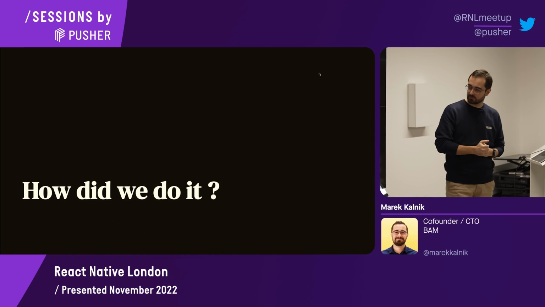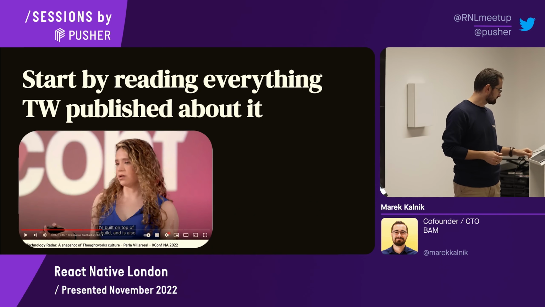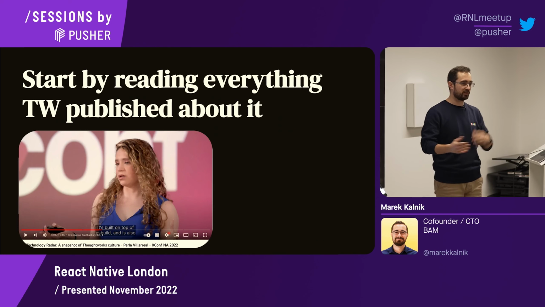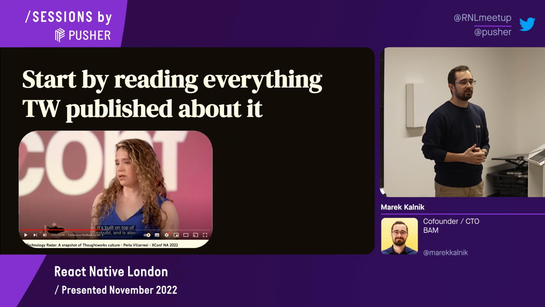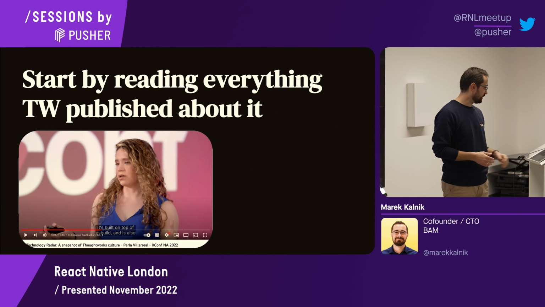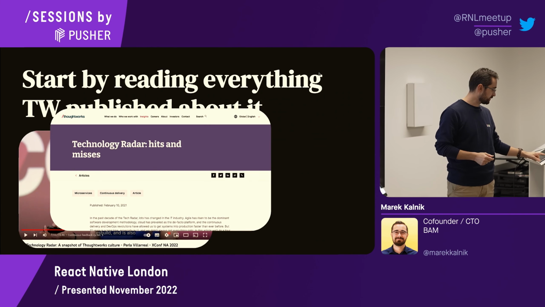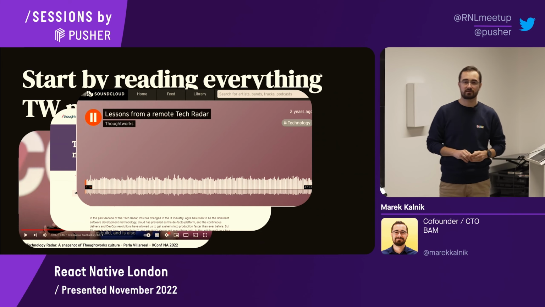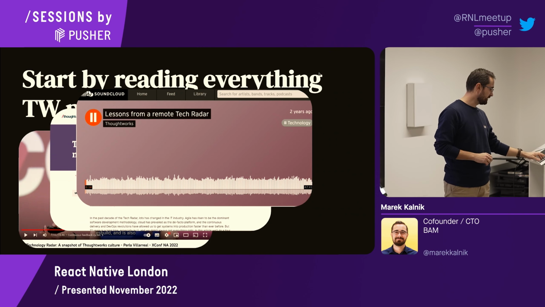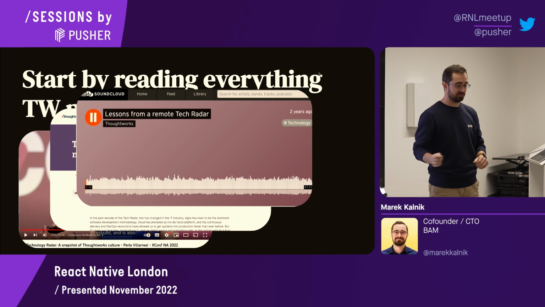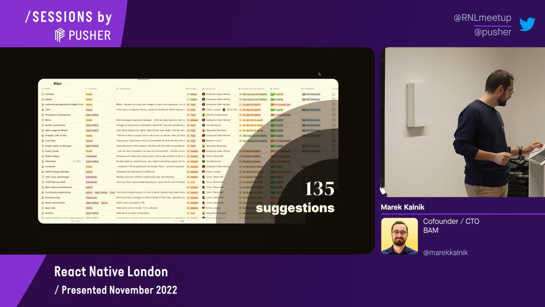So before talking about the result, how did we do it? I first started by trying to find everything the best I knew in the domain published. There's a lot of content from ThoughtWorks, videos, articles, podcasts, and this gave me a lot of inspiration. So it wasn't just, hey guys, let's do a radar.